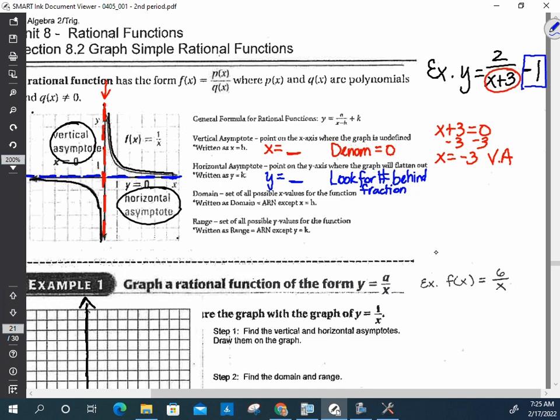So your horizontal asymptote is y equals negative 1. So what does this mean exactly? It means that since I can never plug in negative 3, I will never get negative 1 as an answer. That's what that means.